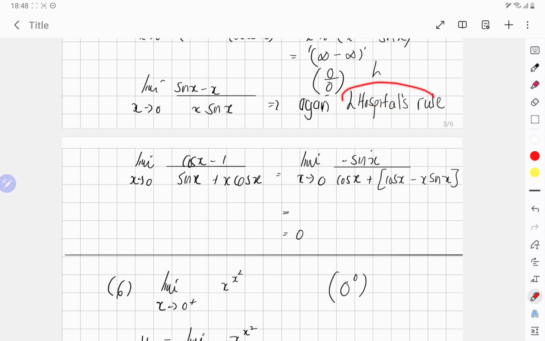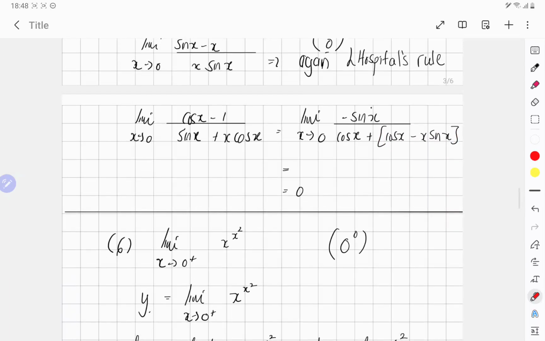No, what does L'Hôpital's rule say? We derive top and we derive bottom. I derive cos: negative sin x. Derivative of 1, 0. Derivative of sine, cos, and then I will use my product rule here again.